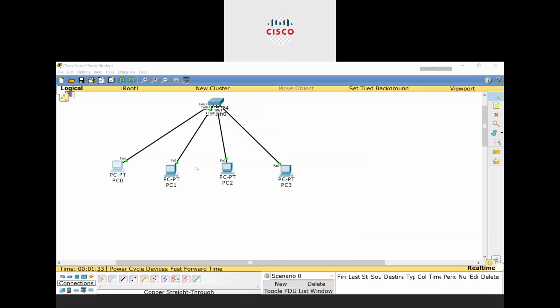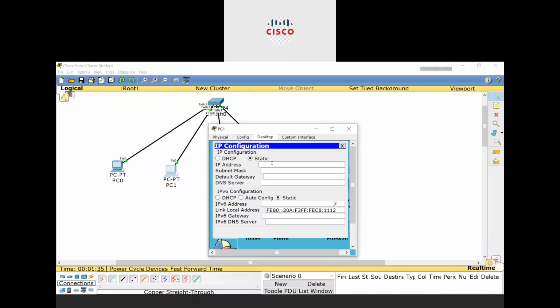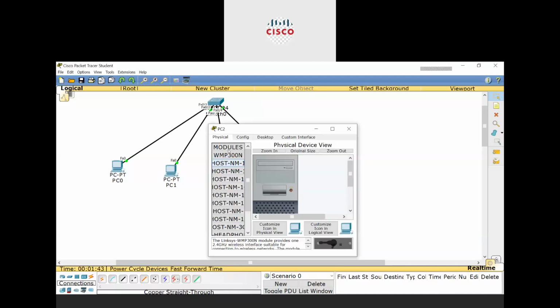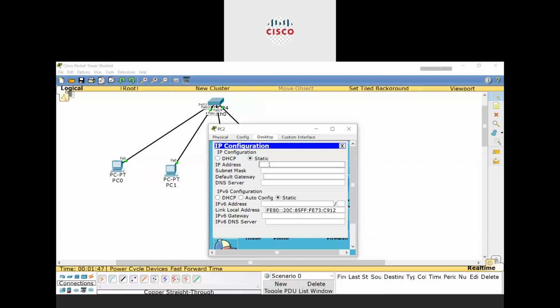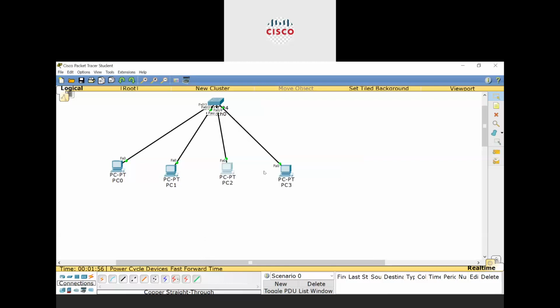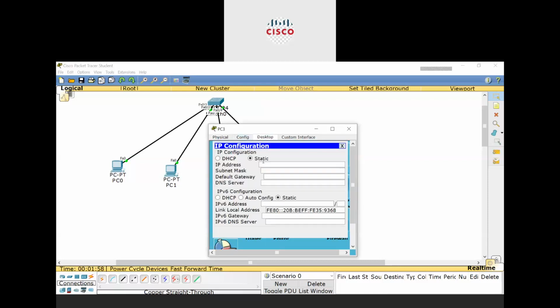This desktop IP is 192.168.1.10, then 192.168.1.14, and the next I have 192.168.1, let's say 45. Okay, so now I have given the IP addresses to my devices.